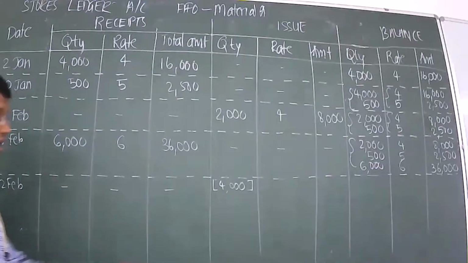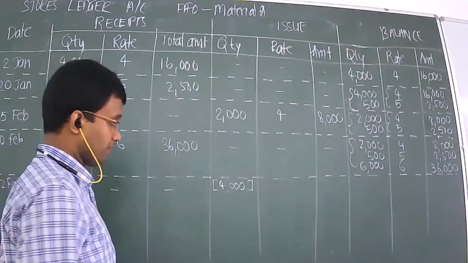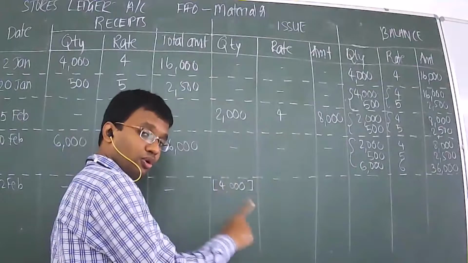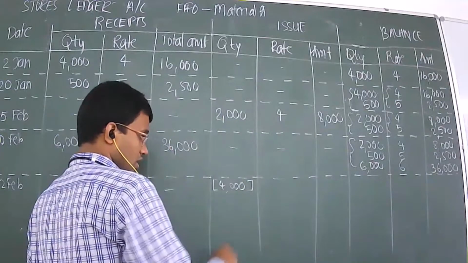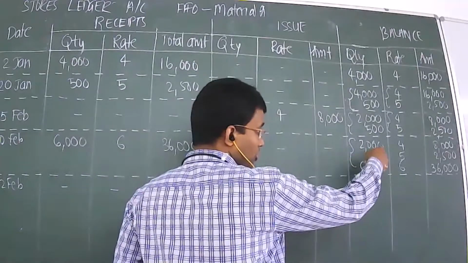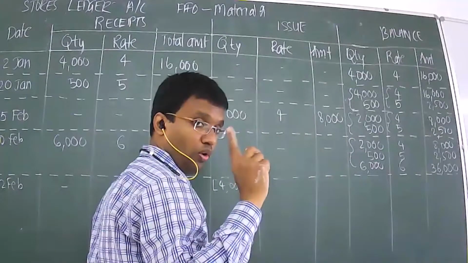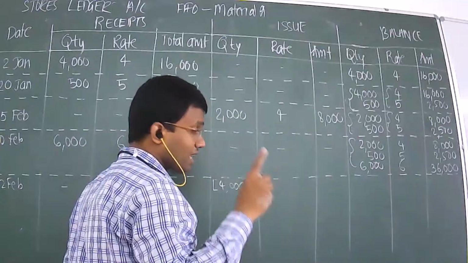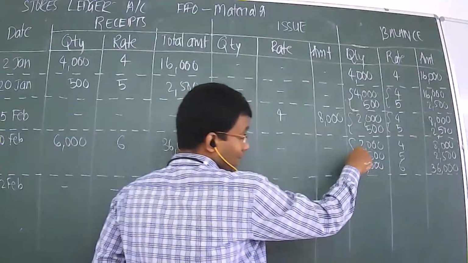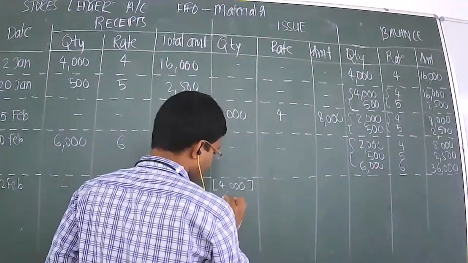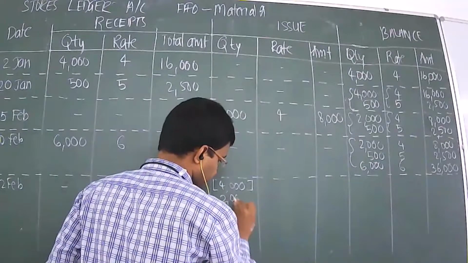Now let's see how we are going to get this 4,000. My requirement is 4,000. I have to issue 4,000 from my warehouse. Please remember, I'm following FIFO, so I have to issue what came in first. What came in first was my first batch. So from the first batch, I am issuing 2,000.